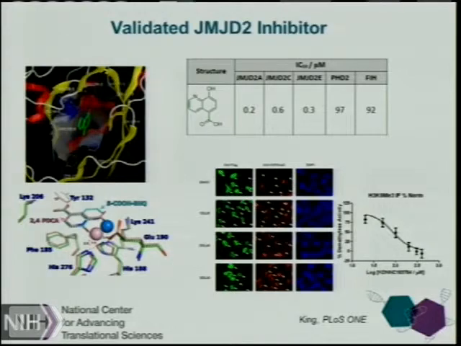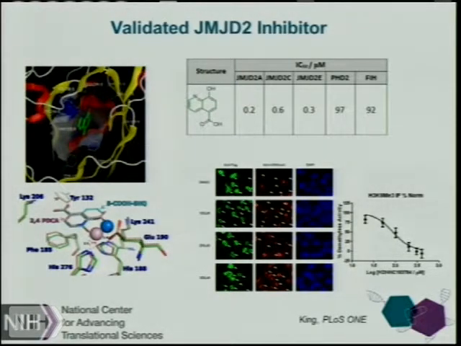So among the validated inhibitors was this 5-carboxylate hydroxyquinoline structure. It was a submicromolar inhibitor against the various isoforms within the Jumonji-demethylase family, but it was only weakly active against the other oxoglutarate-dependent oxygenases.